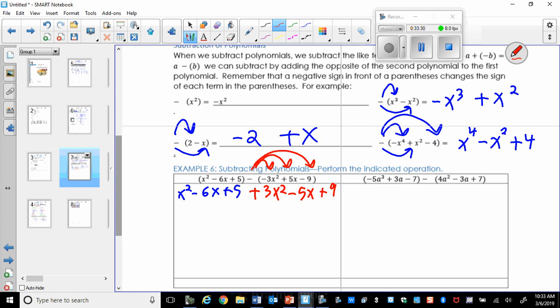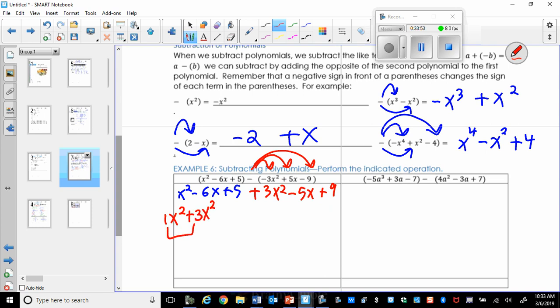Next step, step 2, rearrange the terms. We want to group our like terms. So what are our first 2 sets of like terms there? X squared plus 3x squared. How many x squareds? 1x squared plus 3x squared.